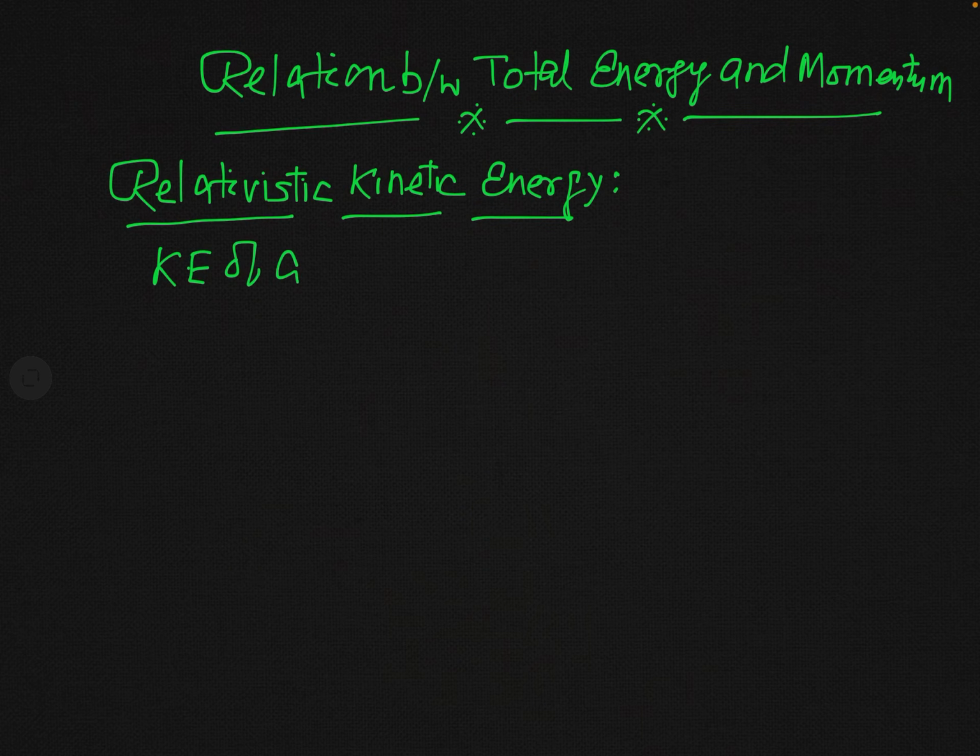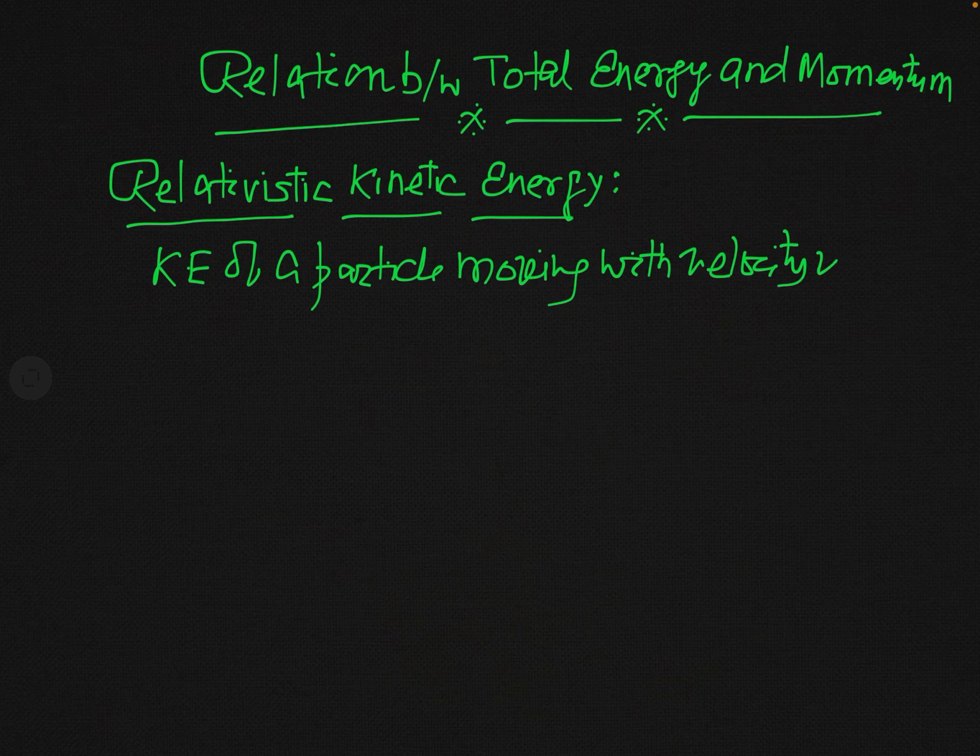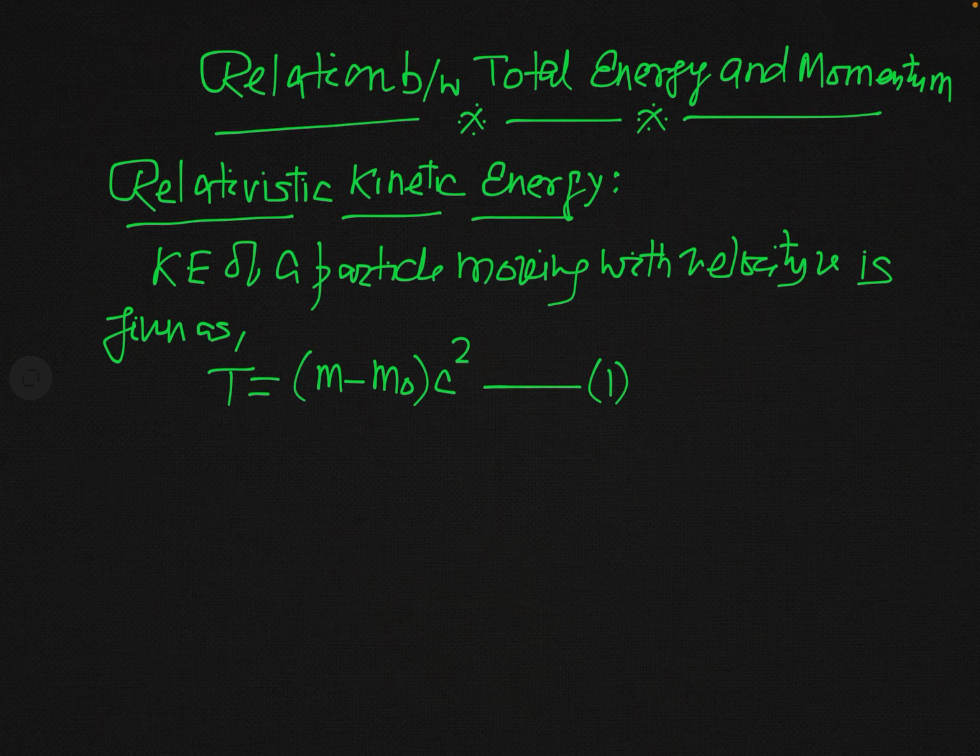You have seen that the kinetic energy of a particle moving with velocity v is given as, in fact we have seen this expression in the previous lecture while discussing the mass energy equivalence relation, T = (m - m naught) c square.